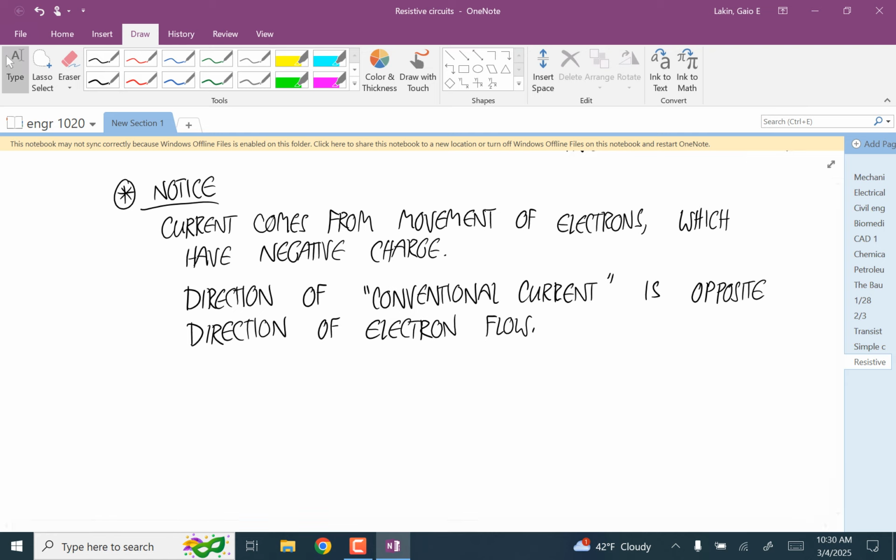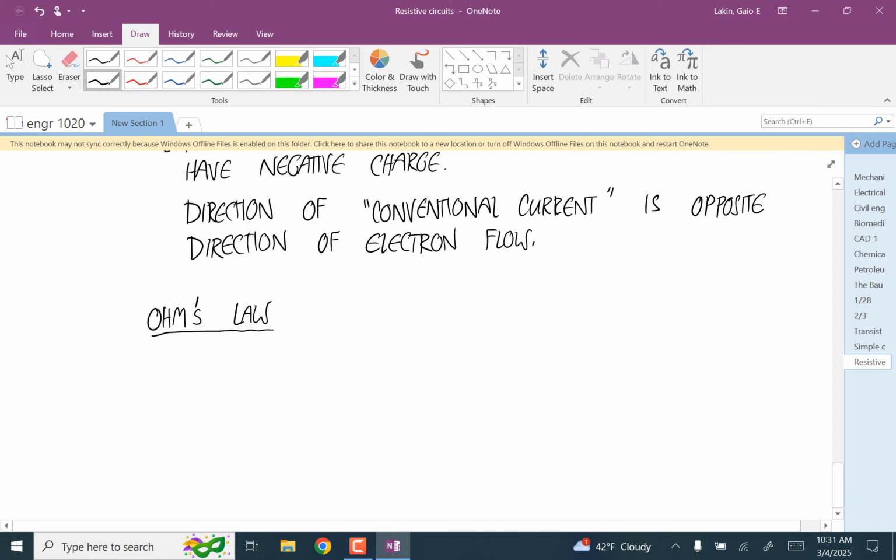Okay. So now that we have these four things, we can start to talk about some calculations. And the calculations we're going to do are going to involve Ohm's law. Ohm's law says that the voltage is equal to the current times the resistance.